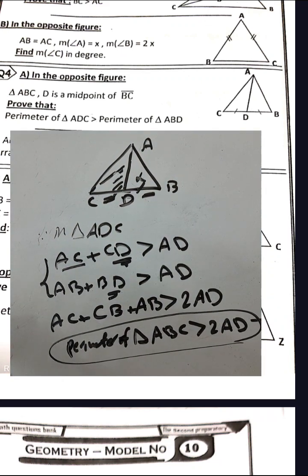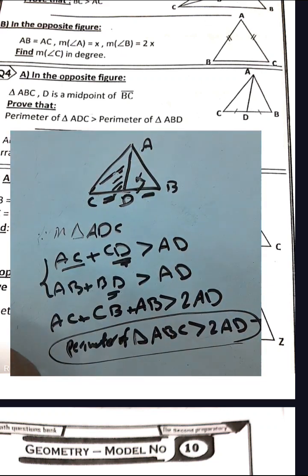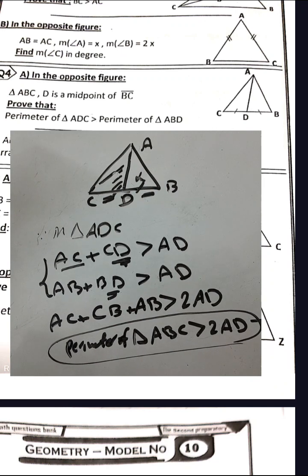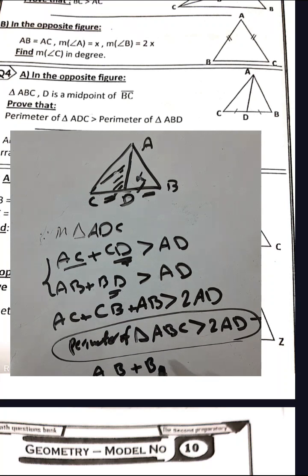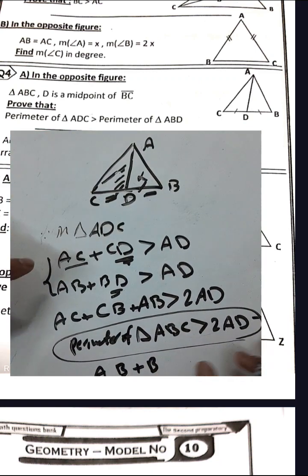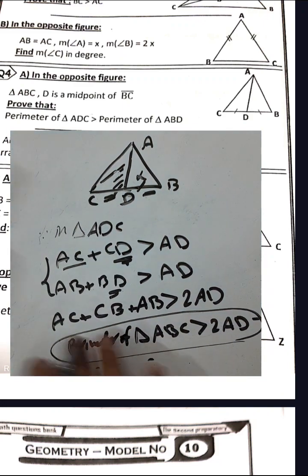This relation consists of AB plus BD plus DA. How can we find it? We can find it in this triangle. We have AB plus, but you want to find what? The perimeter of this triangle ACD, okay, or ADC, not this great triangle. Then it's relation number 1, okay?